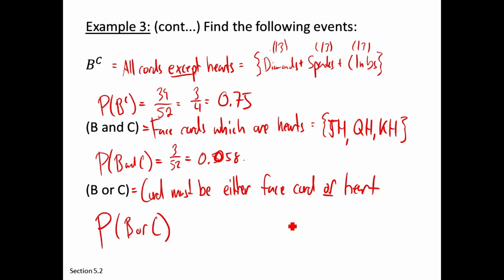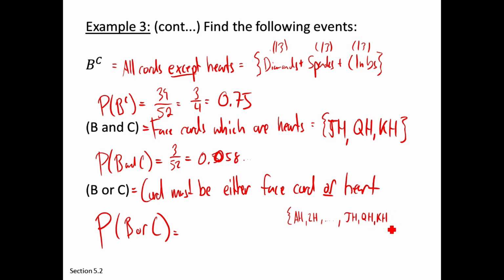What about the probability of B or C? How many things are in this event? 22. How do you get 22? Well, there's 13 in the suit, but you don't want to recount the 3 face cards in that suit, so you only have to add 9 face cards to the set. Exactly. You look at all the hearts, up to the Jack, Queen, and King of Hearts.